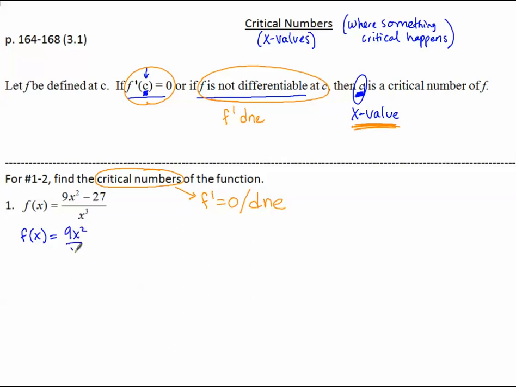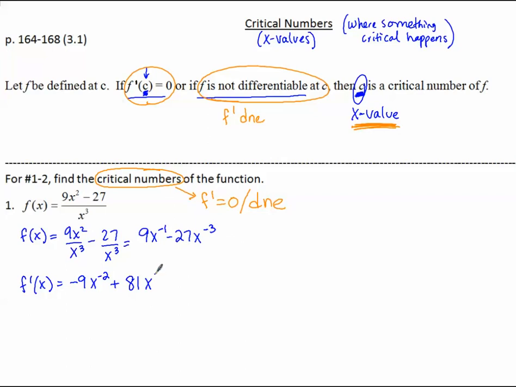9x squared over x cubed minus 27 over x cubed simplifies into 9x to the negative 1 minus 27x to the negative 3. So I've got a more simple function, and now I can say f prime of x, and I can do my power rule. Negative 1 times 9, negative 9. Subtract 1 from the exponent, negative 2. Minus, but negative 3 times negative 27 makes positive 81.